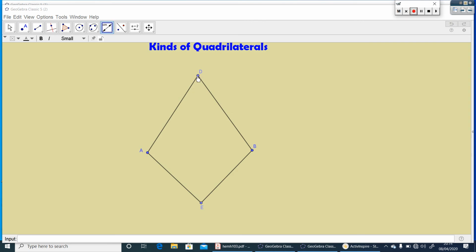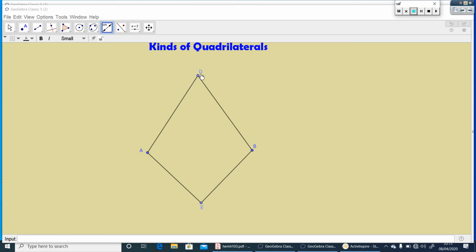Here we have another quadrilateral, that is AEBD. Now the pairs of opposite sides, AE and DB. Here we cannot say AE and DB are parallel or BE and AD are parallel.